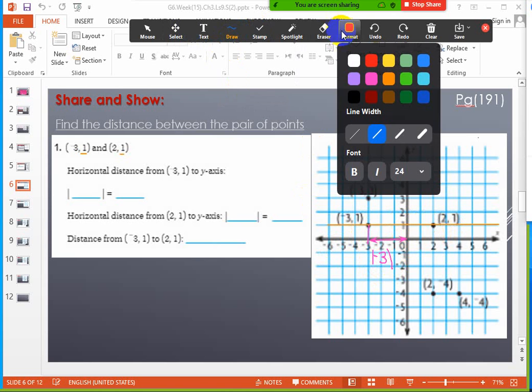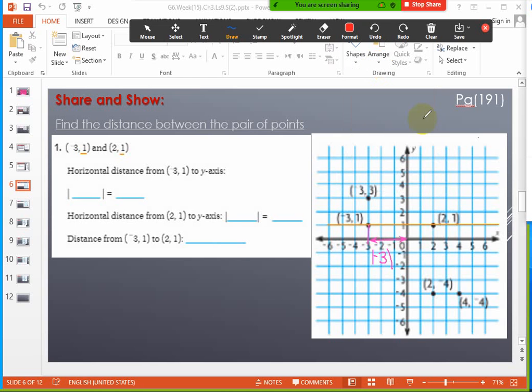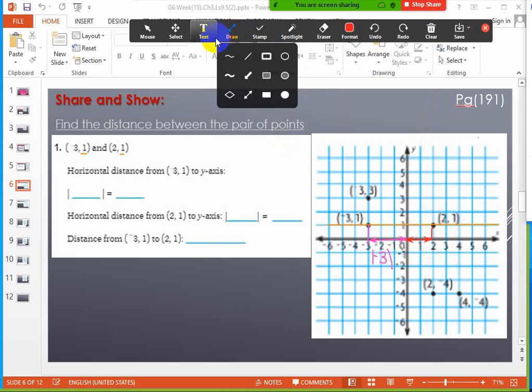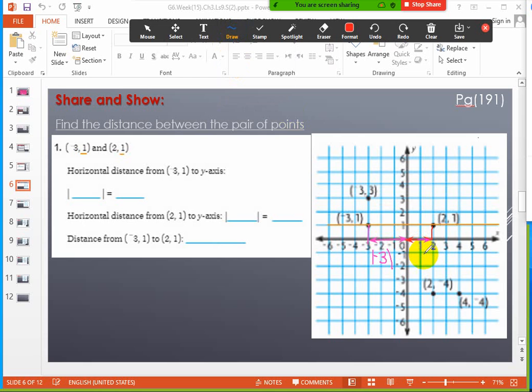Now the x for the second one is 2. The distance from this point to the 0 point on the x-axis is 2 units, the absolute value of 2. Or you can say 2 because the number is positive.